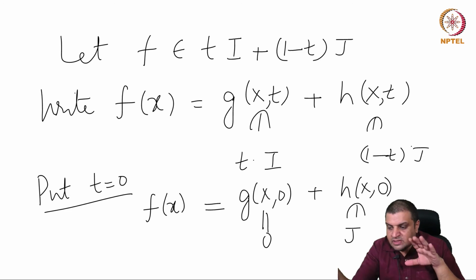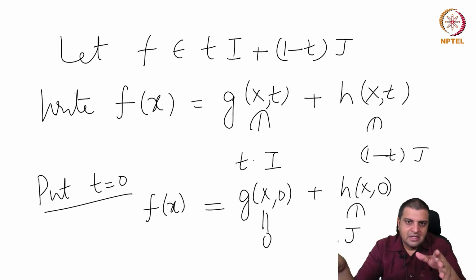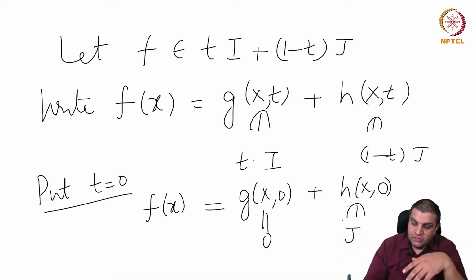The generators are untouched, and the coefficients, where we put t equals 0, give just the degree 0 part in t, which is some elements of R. So this is in J.